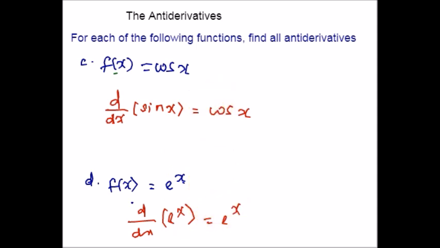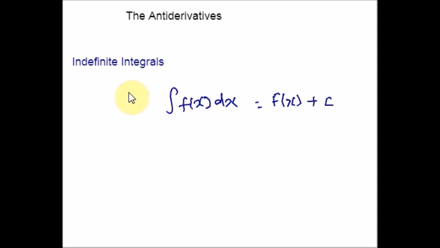Okay, now let us discuss indefinite integrals. We now look at the formal notation used to represent antiderivatives and examine some of their properties. These properties allow us to find the antiderivatives of more complicated functions. Given a function f, we use the notation f dash of x or df over dx to denote the derivative of f.